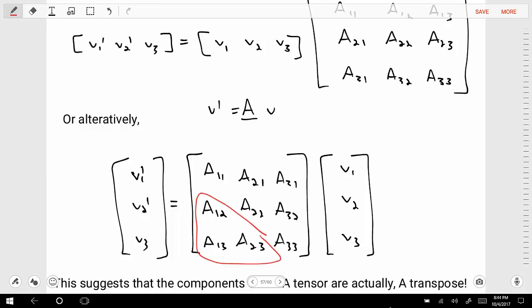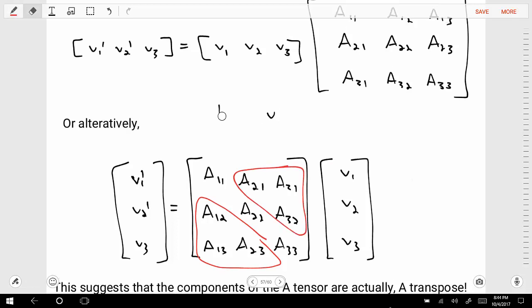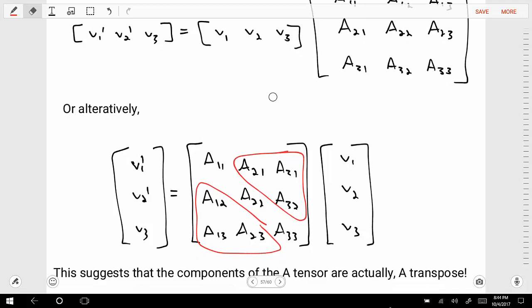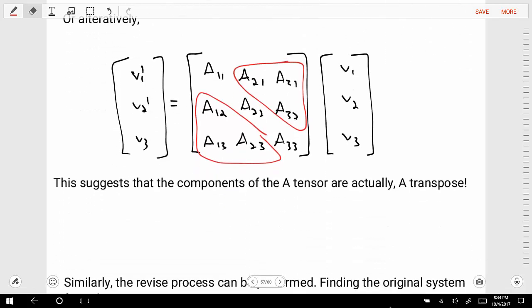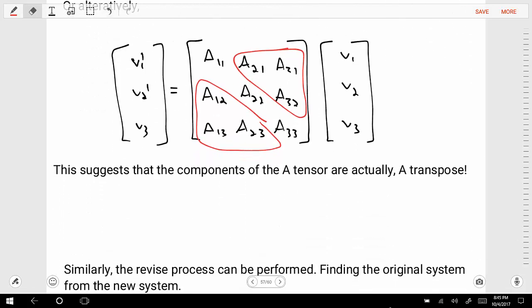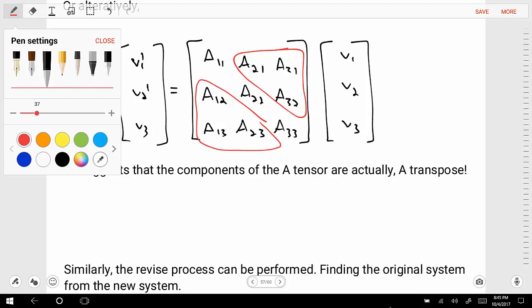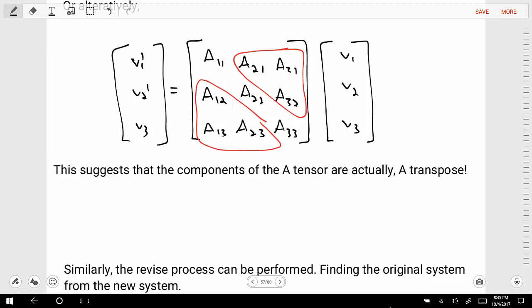So in order to rearrange this operation and produce the same product, we've actually ended up transposing the terms inside of this transformation tensor. So what this suggests is that the components of A are transposed in their original form.